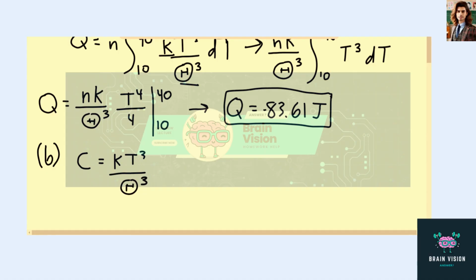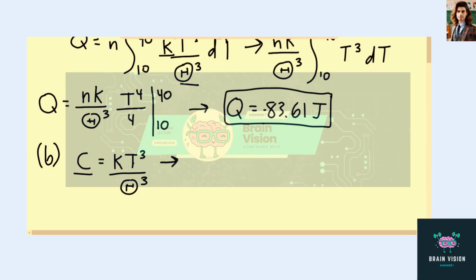To find the average over a certain range, all we're going to do is integrate again, to get an average value of C over that temperature range.